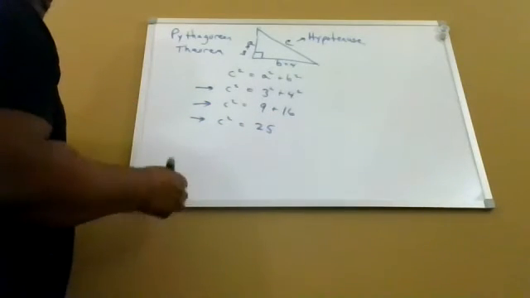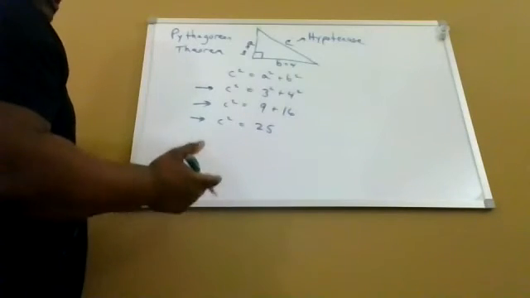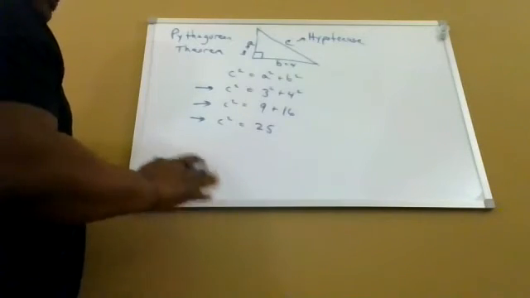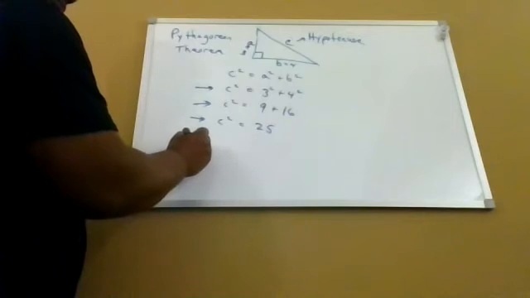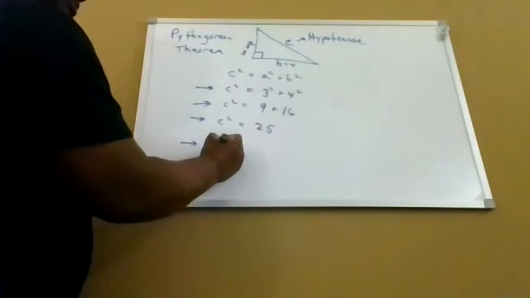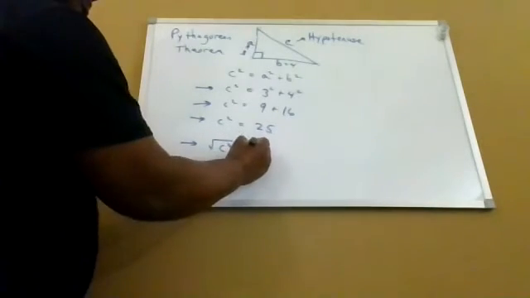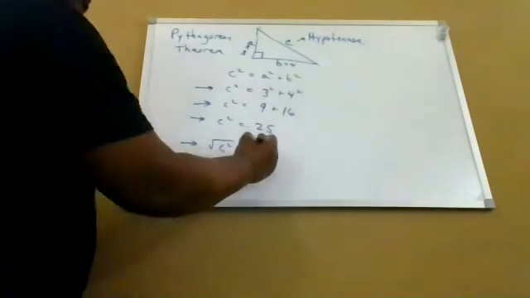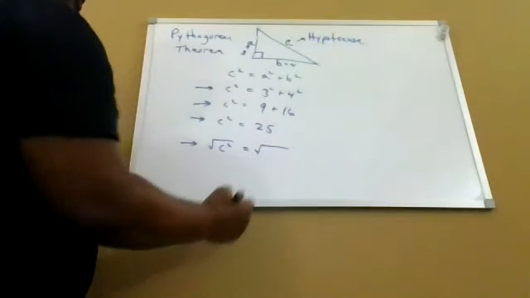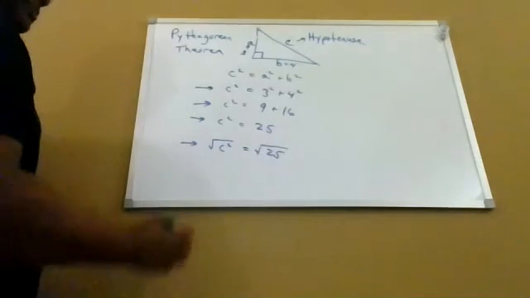Now, to solve for C, to get C by itself, we're going to take the square root of both sides. Square root of C squared equals square root of 25.